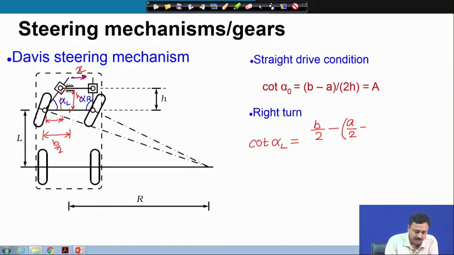Now, this distance which is being subtracted is less than a by 2. So, it is a by 2 minus x divided by h.